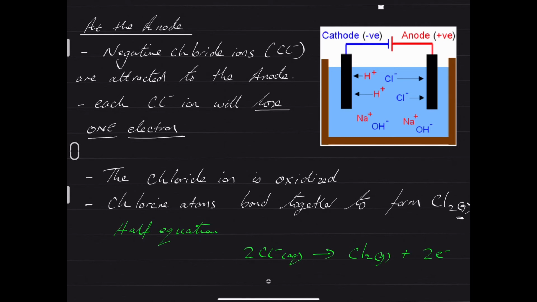So this is our ionic half equation for what's happening at the anode when there's electrolysis of aqueous sodium chloride. This is the ionic half equation at the anode. Can you take it down and make sure that you clearly mark the ionic half equation and identify it?